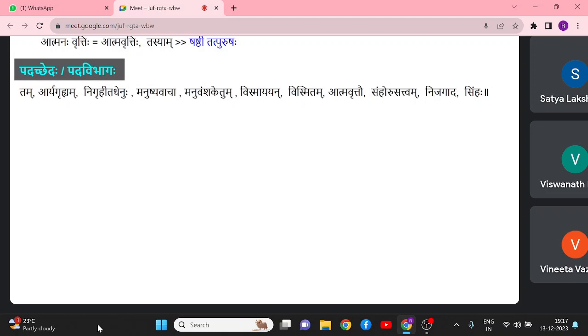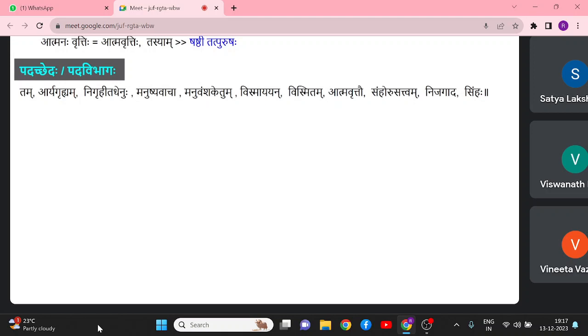So at that very moment, when he is both puzzled and angry, another miraculous thing happened. What is it? The lion which had captured the cow addressed Dilipa. What kind of Dilipa?